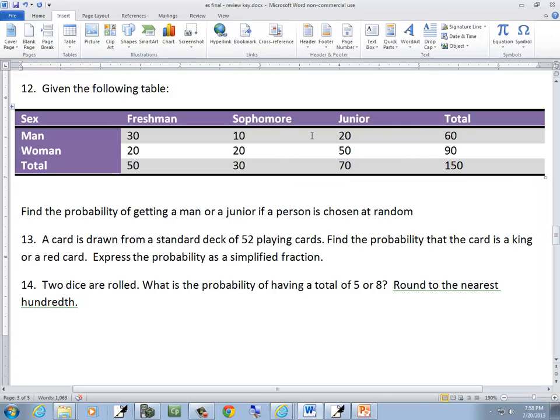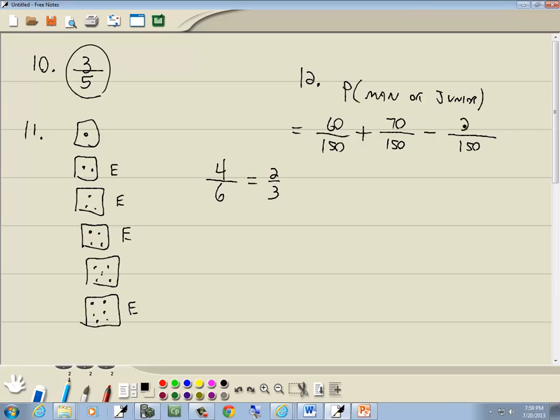Now, when we look at this, we added the man row here, 30, 10, 20. We also added the junior column, 20, 50, 70. So we added this 20 here twice. Any that you add twice, you have to subtract off. So we're going to subtract off 20. That gives us 130 minus 20, 110 over 150.